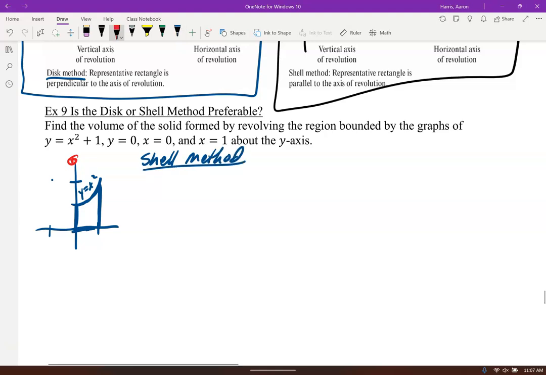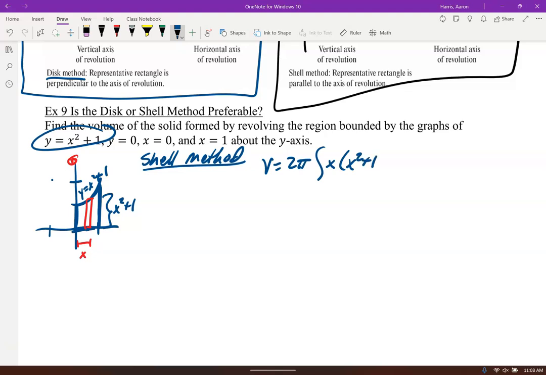And so we'll cut this thing parallel, and that shell radius will be x, and our shell height will be, oops, that's not x squared, that's x squared plus 1, sorry about that. That shell height will be x squared plus 1. So our volume will be 2 pi, shell radius, shell height, summing it up from x being 0 out to x being 1.